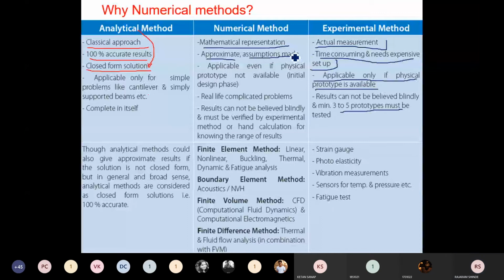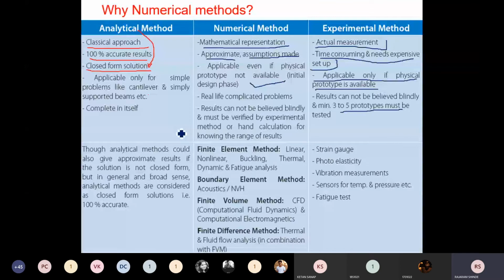One big advantage of this method is that it is applicable even if a physical prototype is not available. That is the initial design phase. Why is it called the initial design phase? Initially, without a prototype, we can get the behavior of that system.